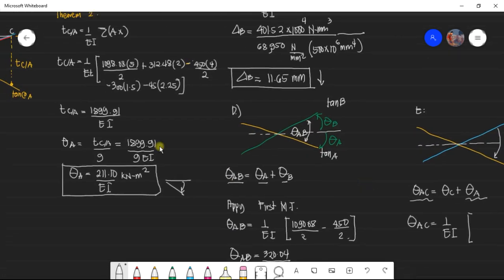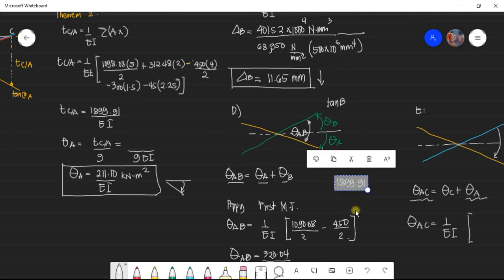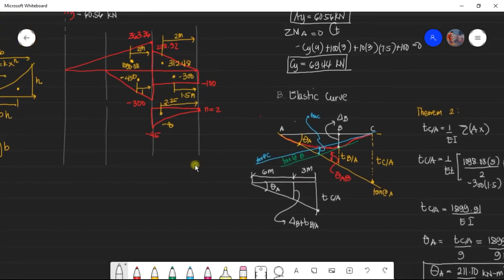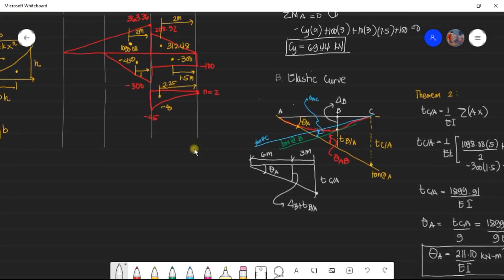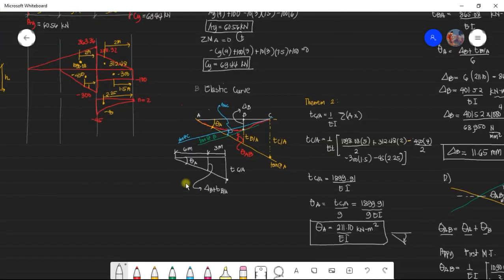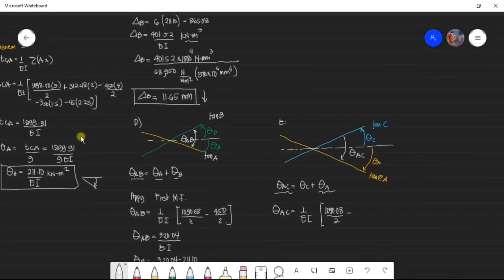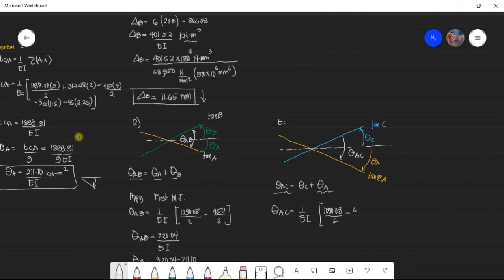So you just add the areas. Let's go back to the areas: 1090.08 over 2, and then minus 450, which is over 2EI too.